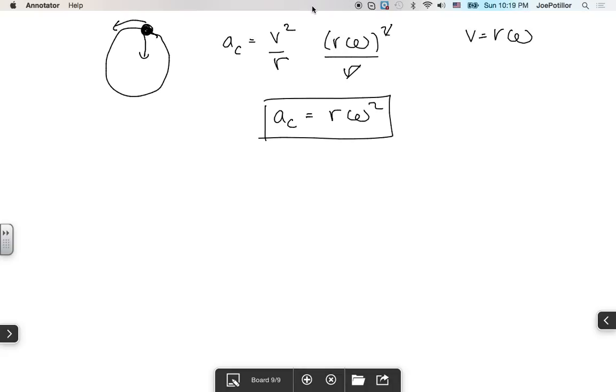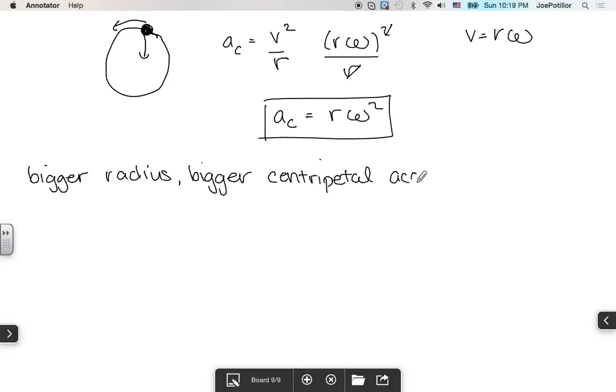So, in other words, what this is saying is that as your radius gets bigger, you get bigger centripetal acceleration. Smaller radius, smaller acceleration.